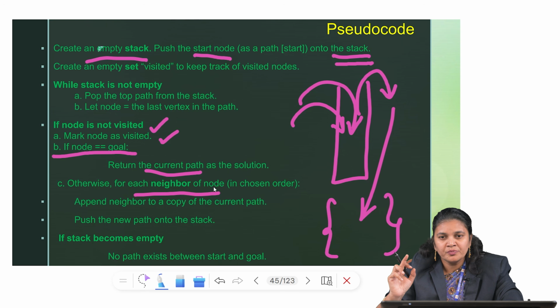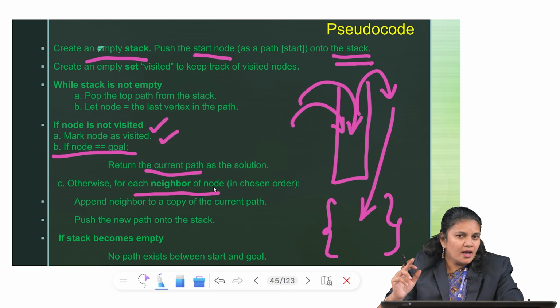Then in that case also we should get a solution that there is no path. How to get that? Until the stack becomes empty, we should push the elements into the stack and pop them one by one. If we are not finding the goal node till the end and our stack is empty, we can stop the algorithm and say that there is no path found.